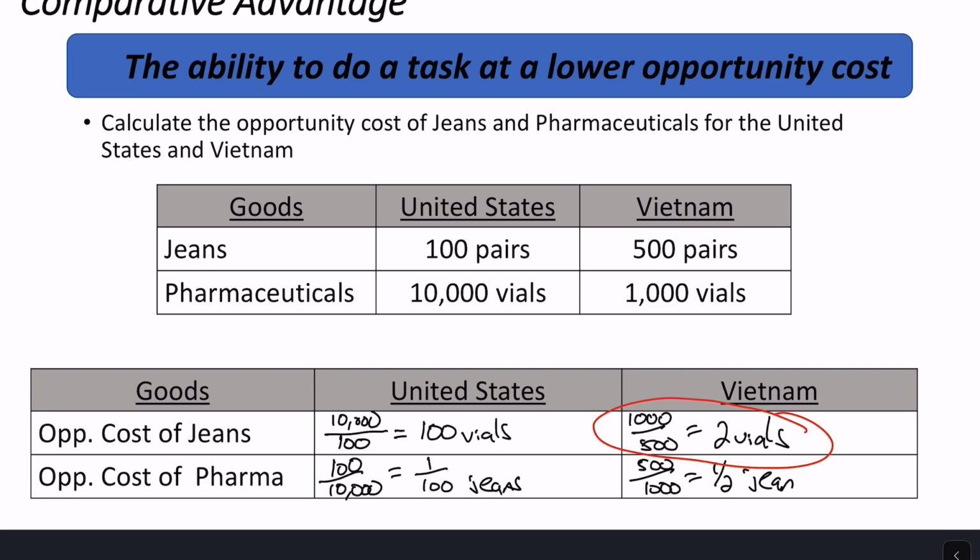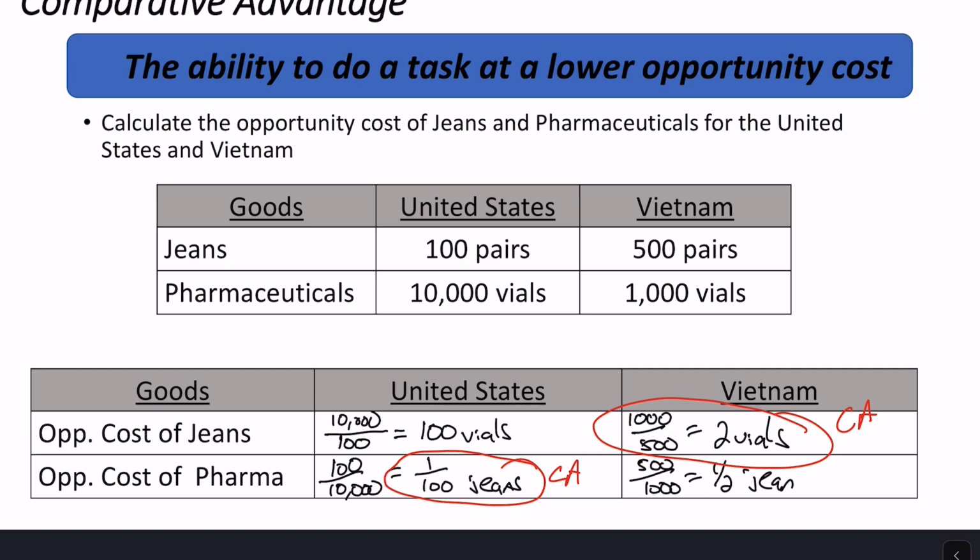So Vietnam has comparative advantage in the production of genes. Now for pharmaceuticals, 1/100th is less than 1/2 a pair of genes, and so we know that the United States has comparative advantage in pharmaceuticals.